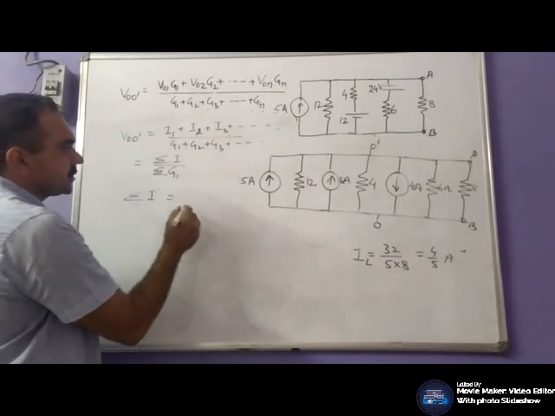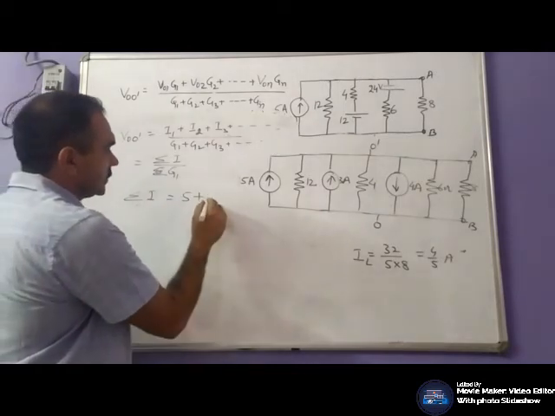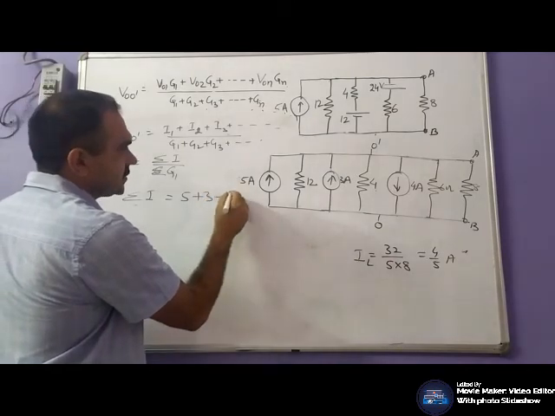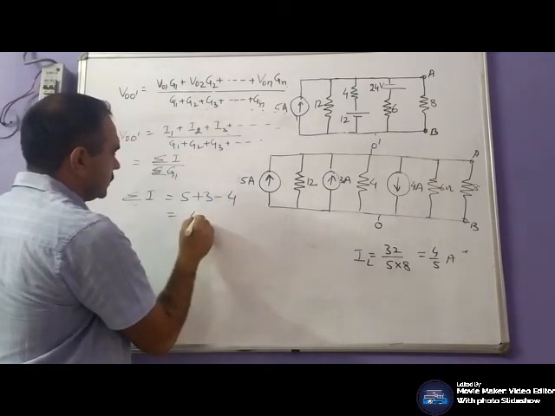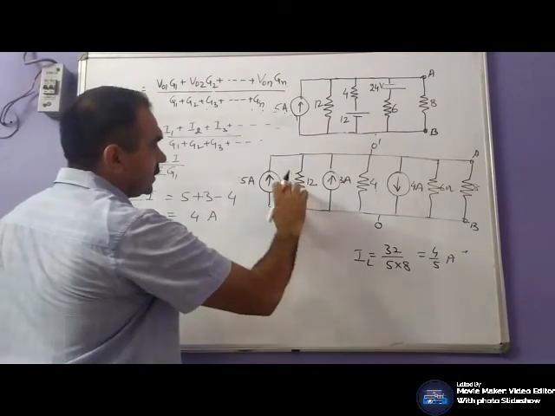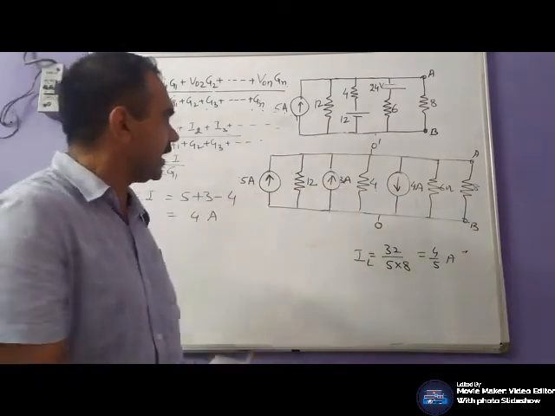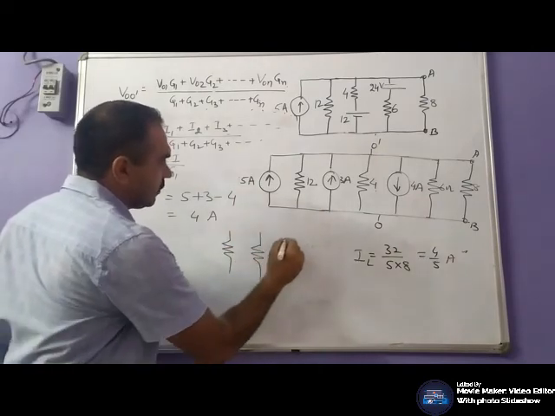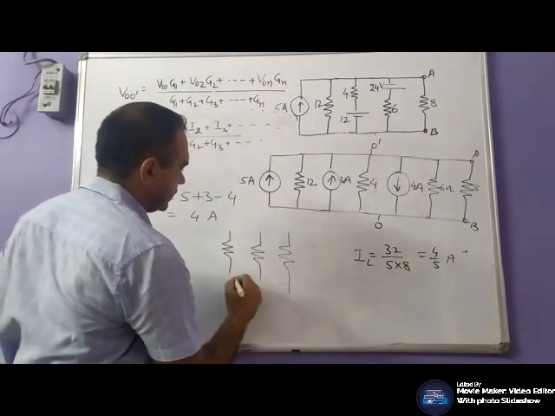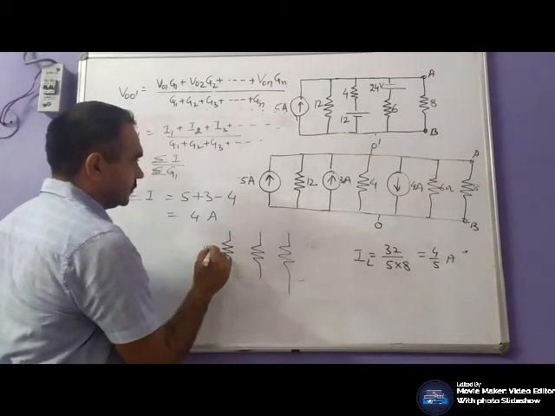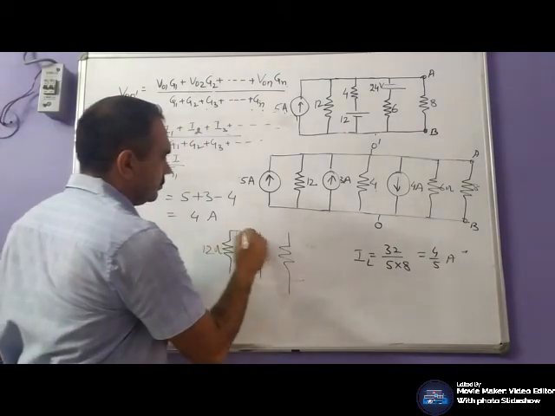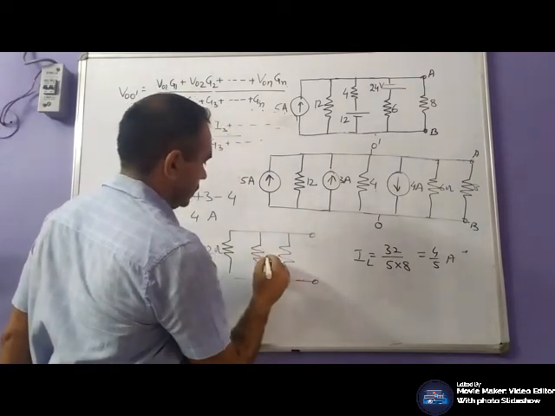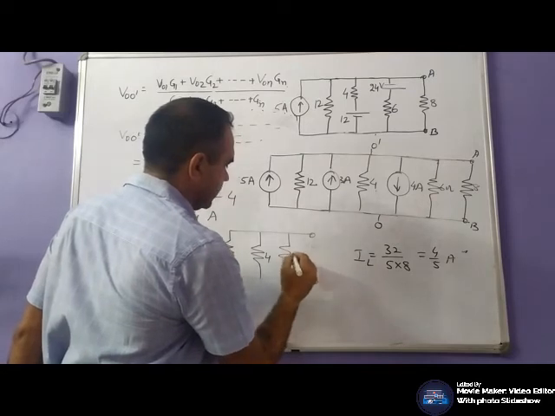The algebraic sum of currents, 5 plus 3 minus 4 ampere, and these resistances are connected in parallel. All the sources are replaced by their internal resistances: 12 ohm, 4, 6.